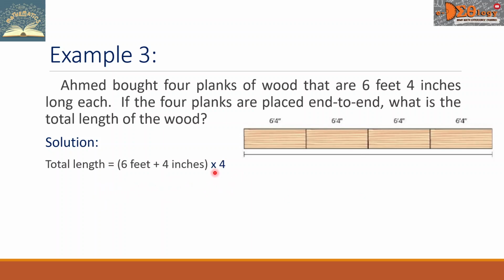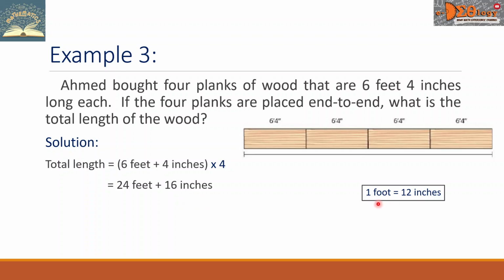So we have this multiplied by 4. This 4 multiplied to the 6 and also multiplied to the 4. So we have 24 feet plus this 4 times 4 is 16 inches. So we have 24 feet plus 16 inches.